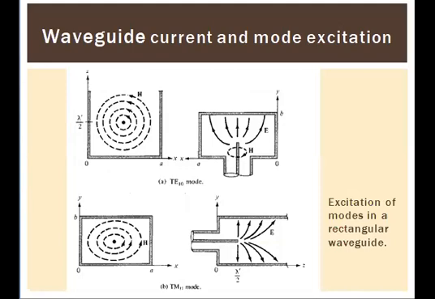The fields are parallel to the lines of E and H field of the desired mode. Now, if we want to excite the TE10 mode, then from the previous equations we can say that Ey has a maximum value when x equal to a by 2.